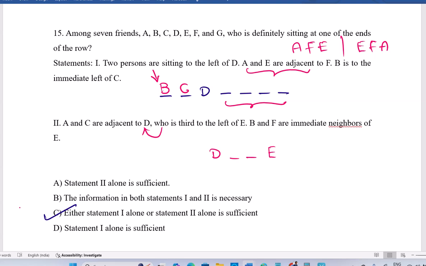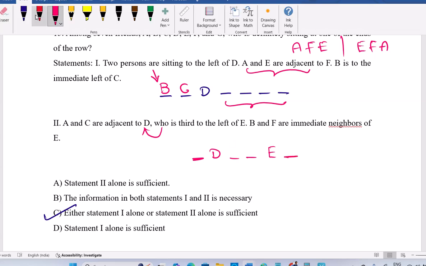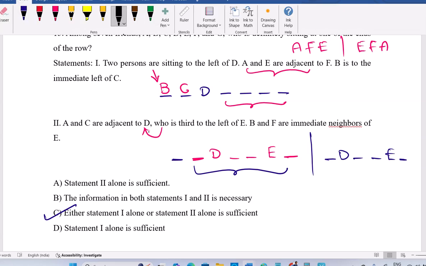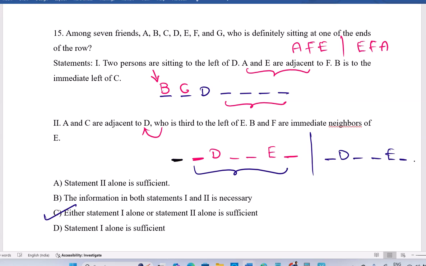A and C are adjacent to D. B and F are neighbors of E. Now you see that one of the places, that extra slot, can be here. This is 6 people only, right? The 6 people slots are fixed. That extra slot may be here or may be here.